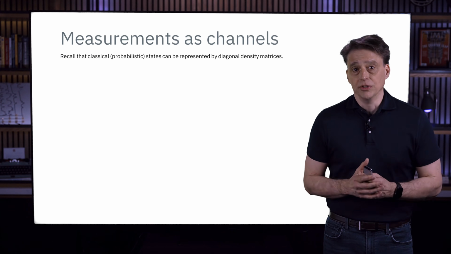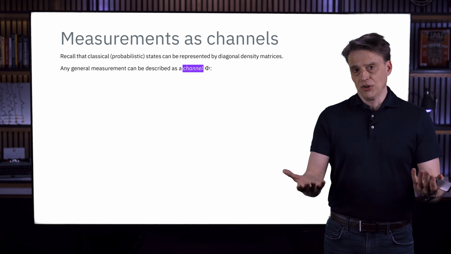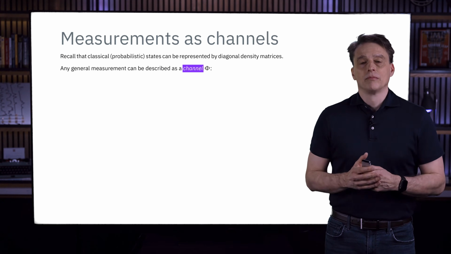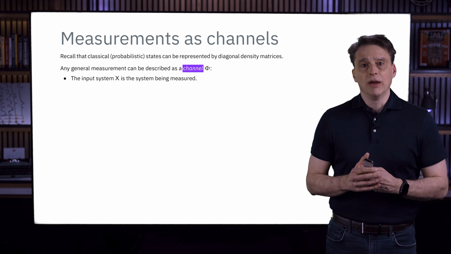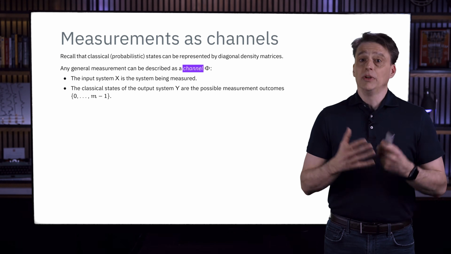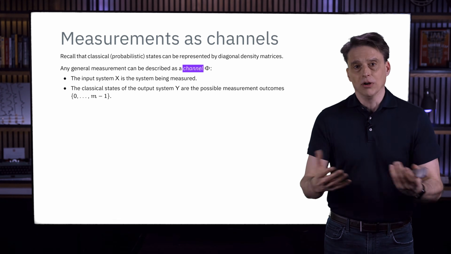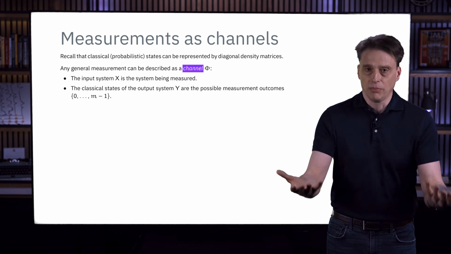So let's take a look at this in a little bit more detail. If we think abstractly about a general measurement, we can describe that measurement as a channel Φ. The input system for the channel is whatever system X is being measured, and the output system is a system Y whose classical states correspond to the measurement outcomes, which we're taking to be the integers from 0 to m-1 for some positive integer m.